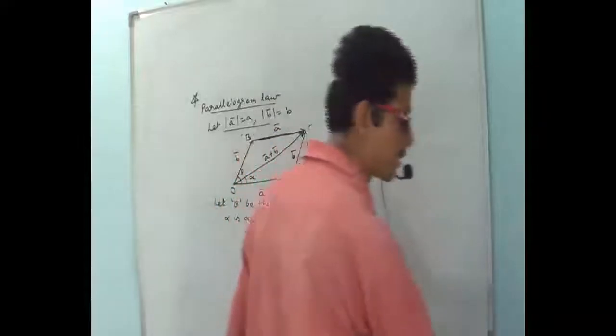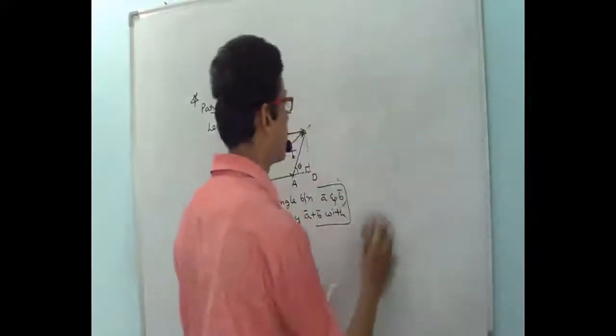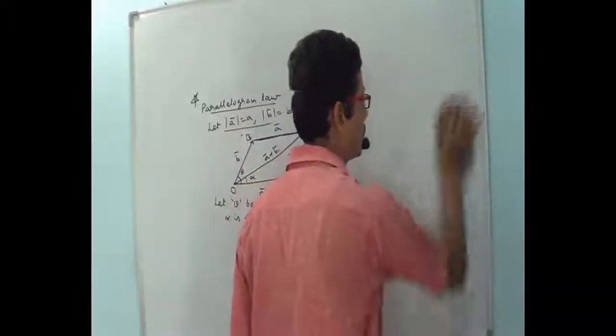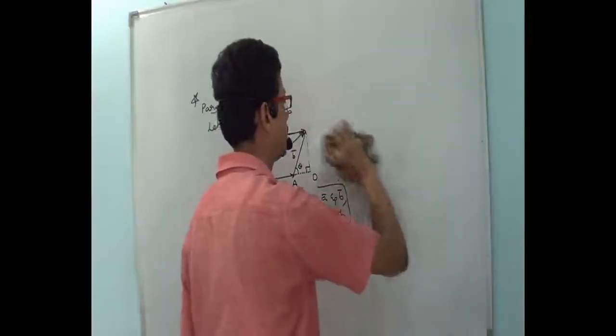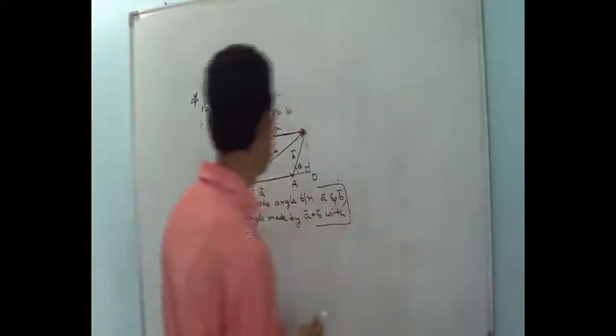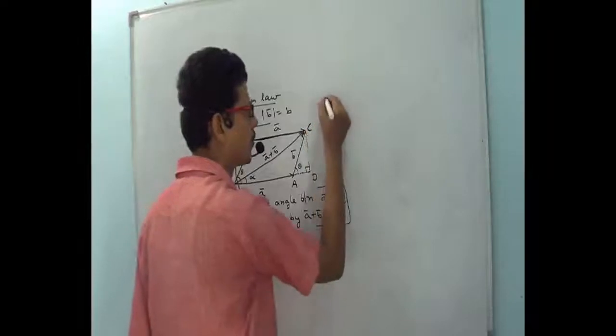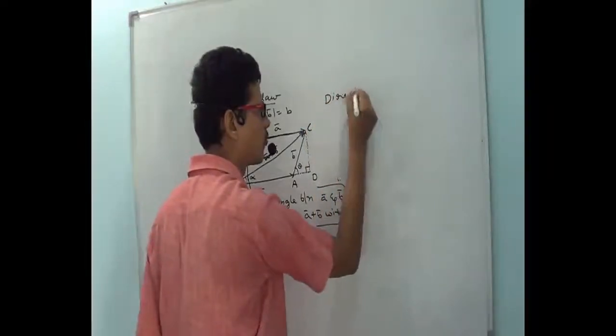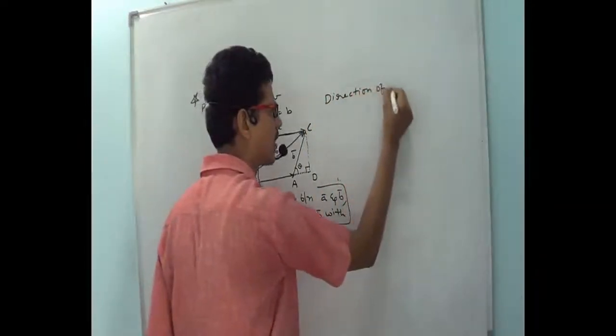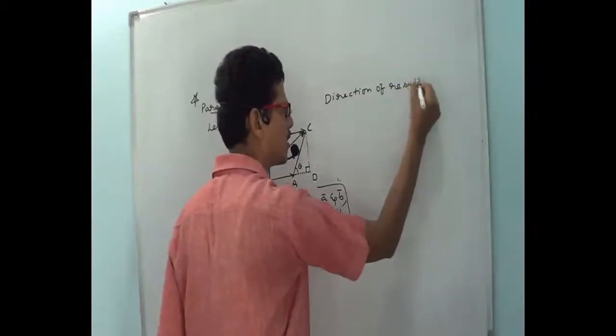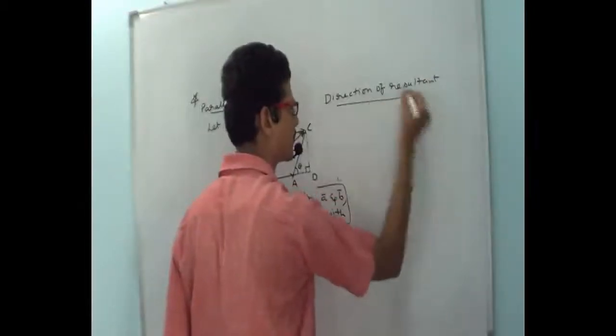And let us go for the direction part. You have to derive the direction also. The derivation is easy only. What is this direction? Direction of the resultant.